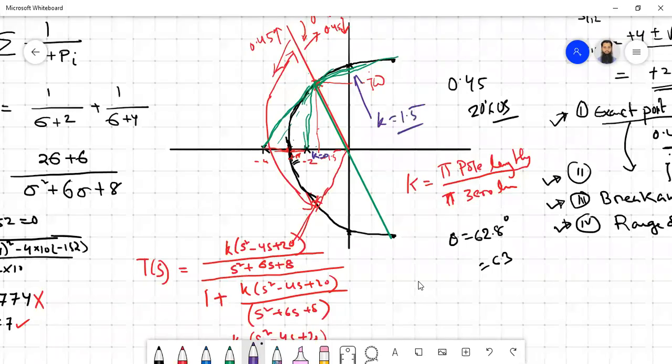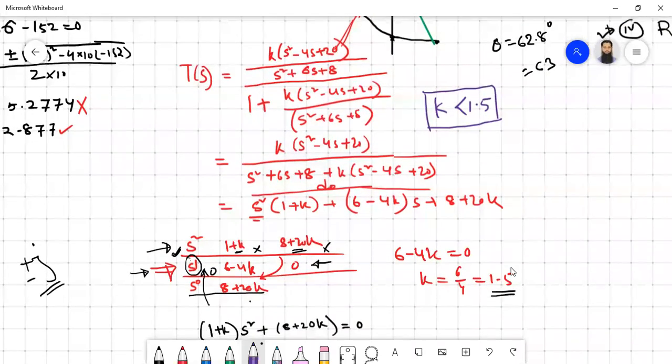So the stable range of k is k less than 1.5, the range of k for which your system is going to be stable. Okay, so this is example 8.7, and article 8.6 is done.